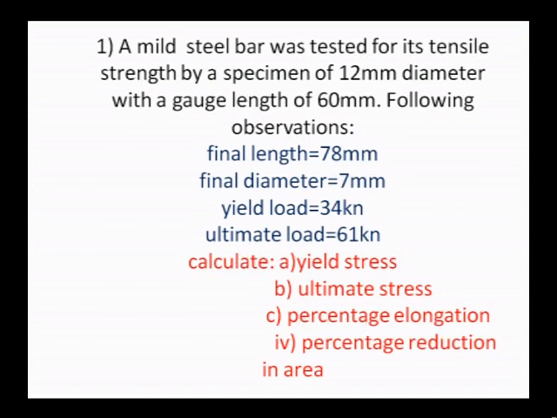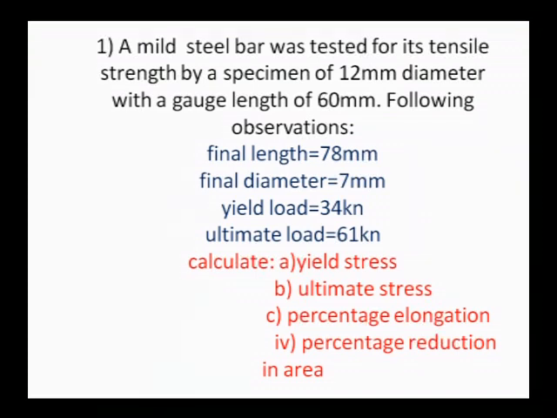First, note down the data given. The mild steel specimen has a diameter of 12 mm, that is small d is 12 mm, the initial diameter before testing.